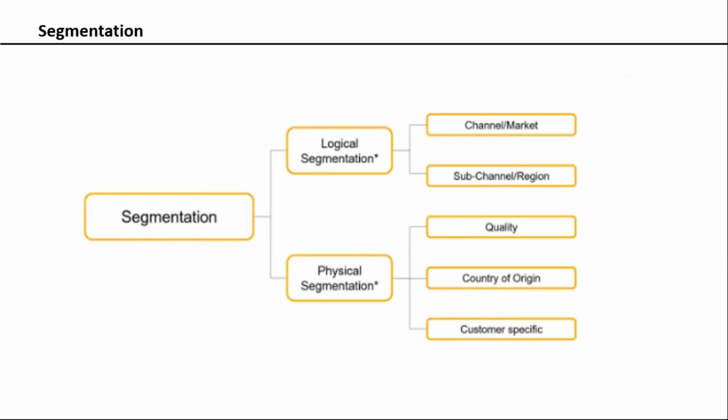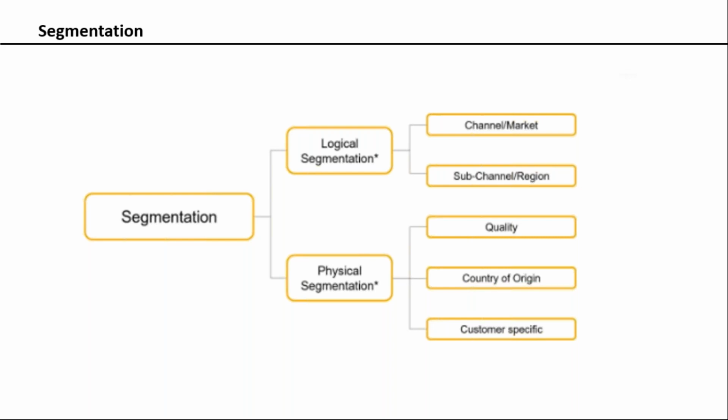And the physical segmentation, I told you, can be any quality measurements or quality certificates in case of chemicals, or country of origin, or customer-specific requirements like shelf life. In the pharmaceutical industry, shelf life is most important. Some customers may demand inventory with a remaining shelf life of at least 6 months or 9 months.